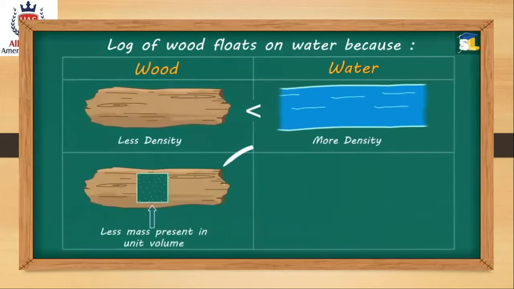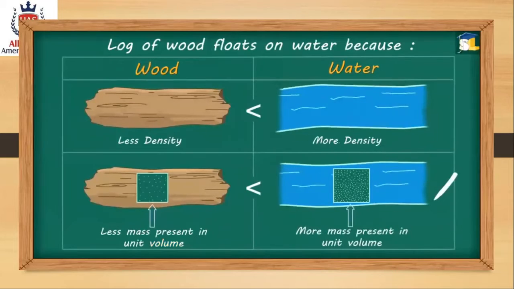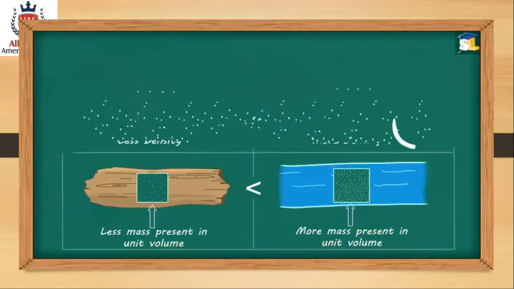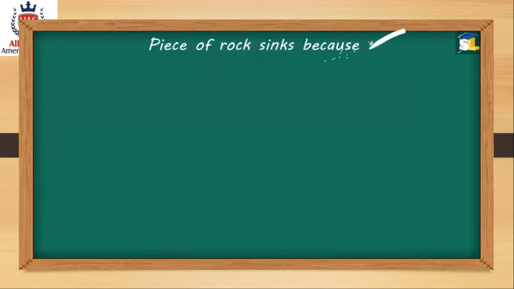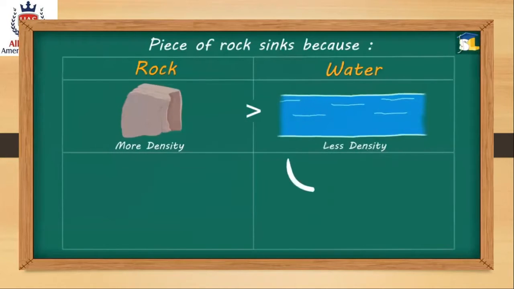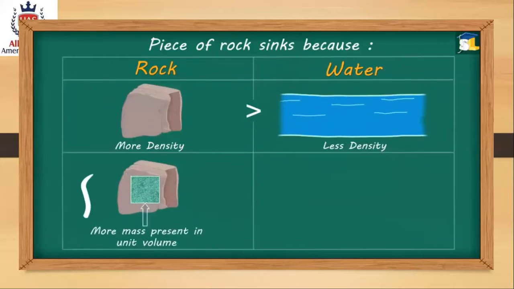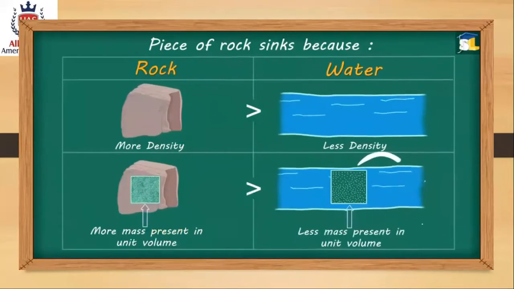This means that the amount of mass present in unit volume of wood is less than the amount of mass present in unit volume of water. However, in the second case, the piece of rock sinks because it has more density than water. This means that the amount of mass present in unit volume of rock is more than the amount of mass present in unit volume of water.